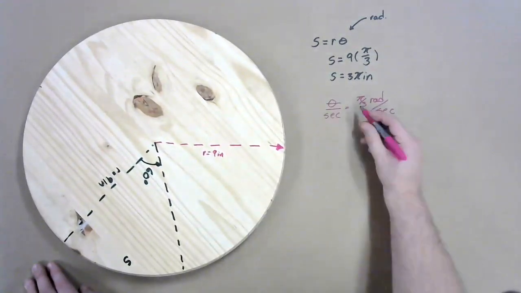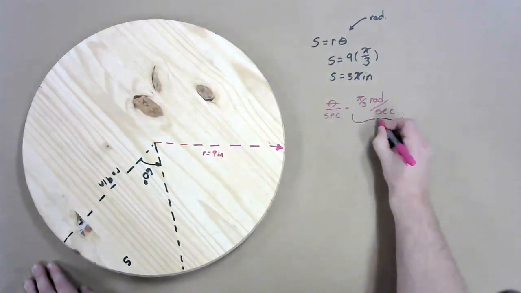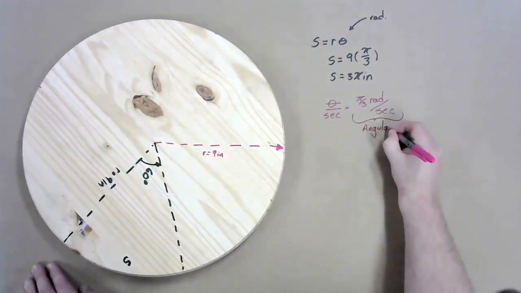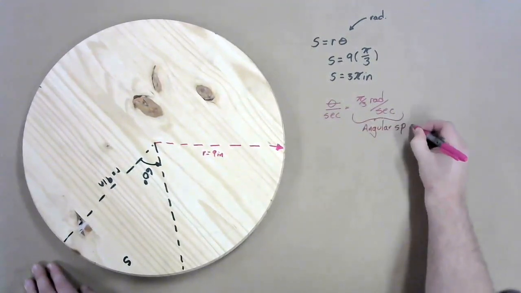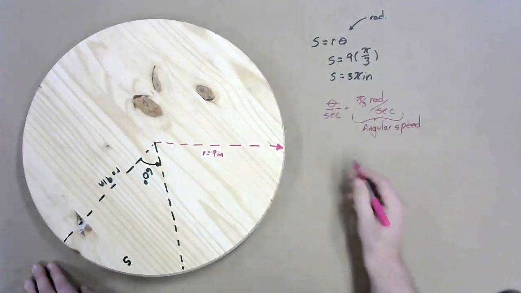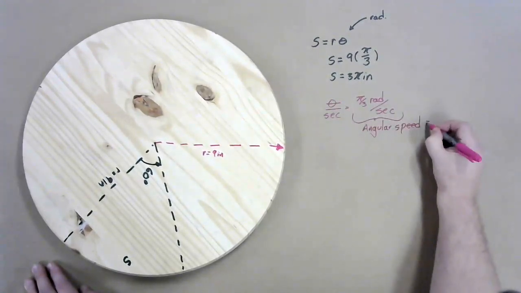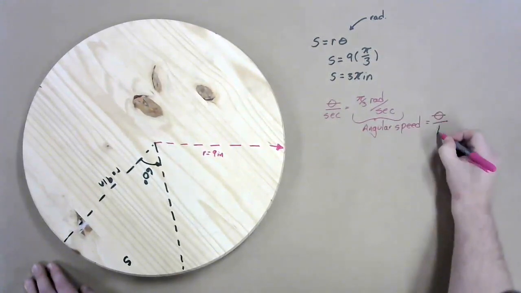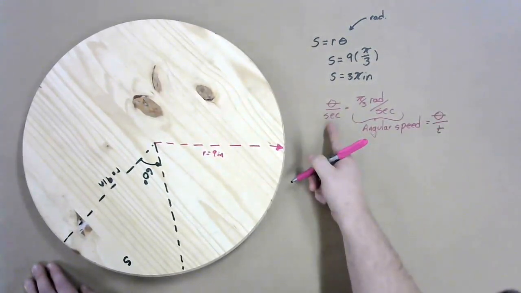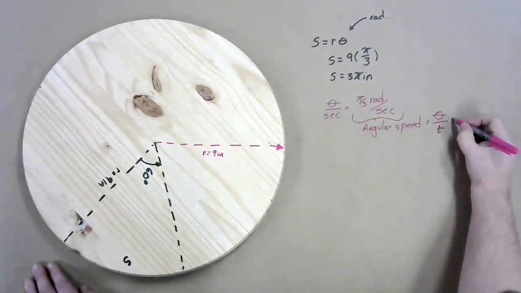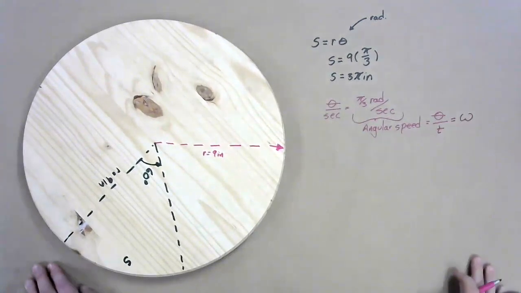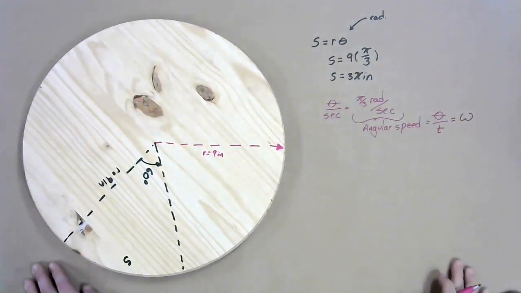So this rotational speed here, which we'll just call angular speed, which is going to be angle in radians divided by time, in this case seconds. And we tend to use the Greek letter omega for it. Looks a lot like a W, feel free to call it W, but it is the Greek letter omega.